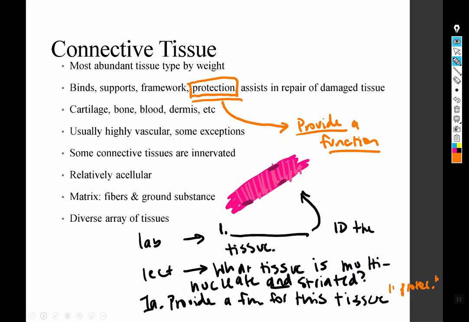But protection isn't really a function of skeletal muscle. It's certainly not its primary function. So you can't just pick a vague function for everything and universally apply it and expect to get full credit. So you want your functions to be succinct, but also as specific as you can make them for the given tissue that you're discussing. So please just don't make this same mistake.